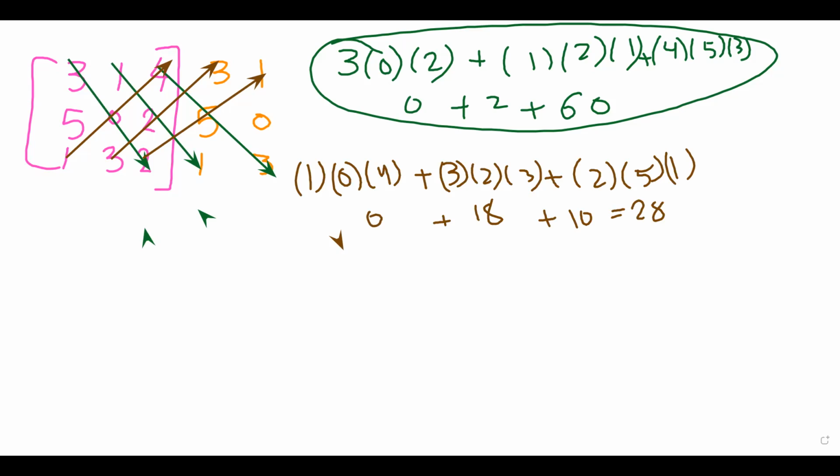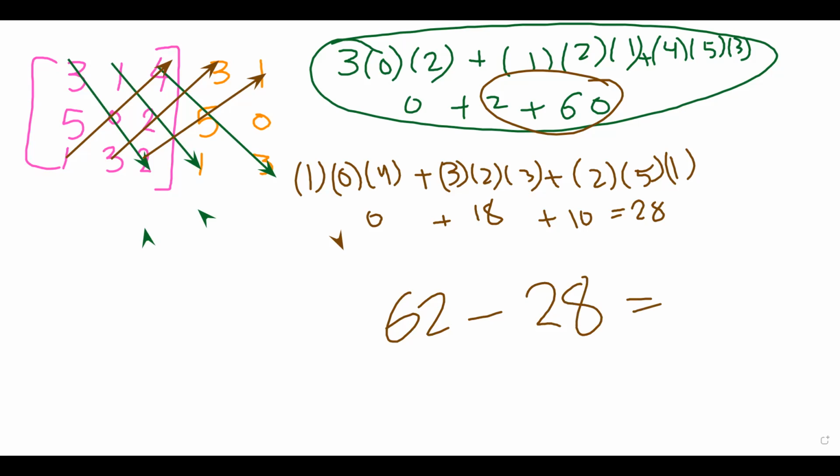Then subtract 62 minus 28, and you will find the determinant is 34. So the determinant of this 3 by 3 matrix is 34.